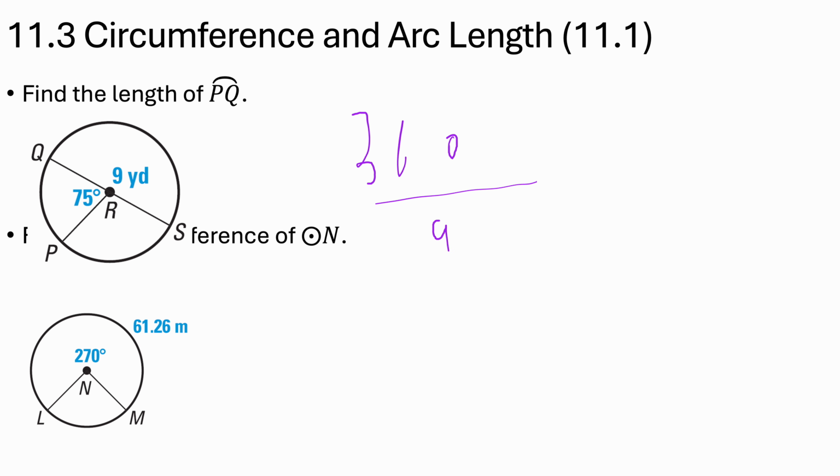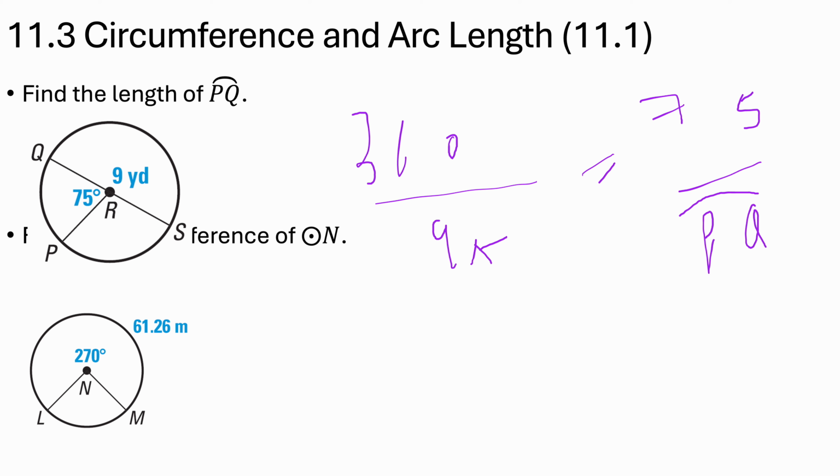So 9 pi is the circumference. And here it will be 75 divided by arc PQ. Then you can solve this and you will get the arc PQ length.